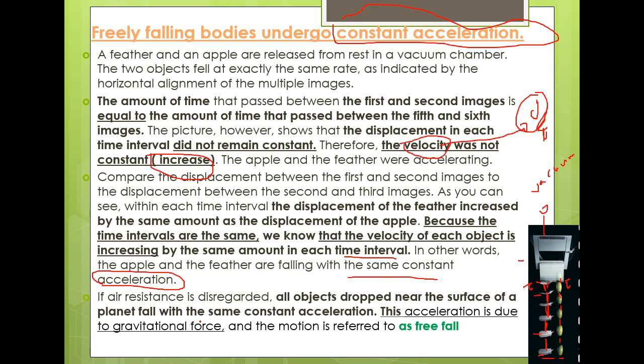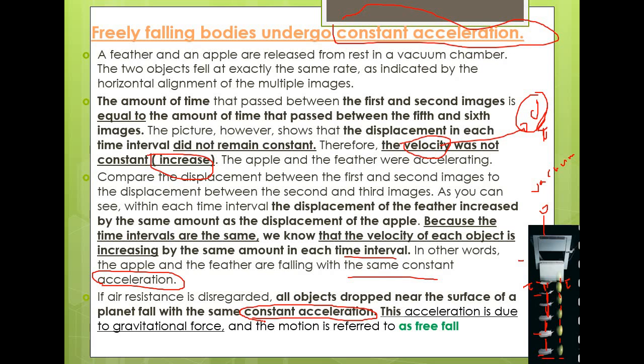If air resistance is disregarded, all objects dropped near the surface of the planet fall with the same constant acceleration. So when the resistance is disregarded, like in a vacuum chamber here, all objects are pulled with the same constant acceleration.